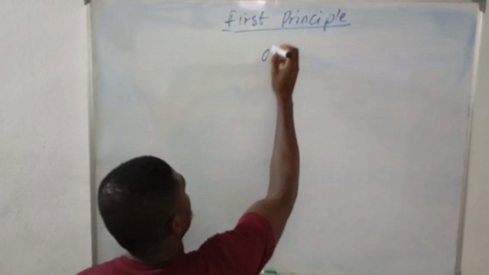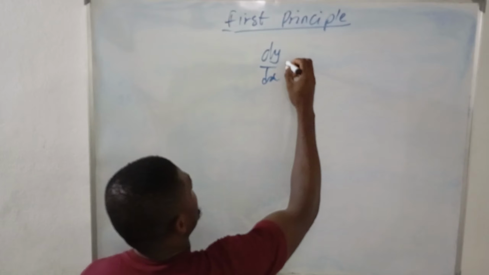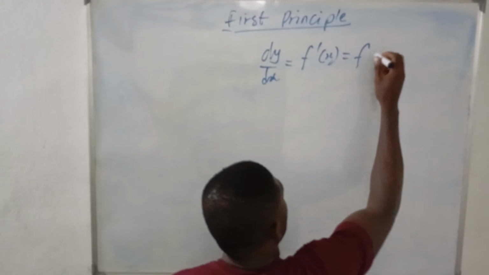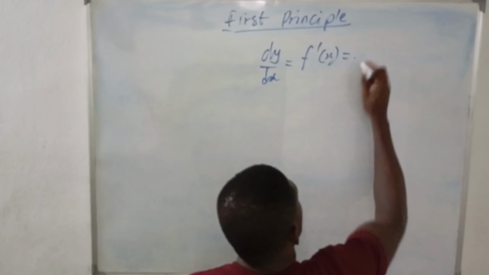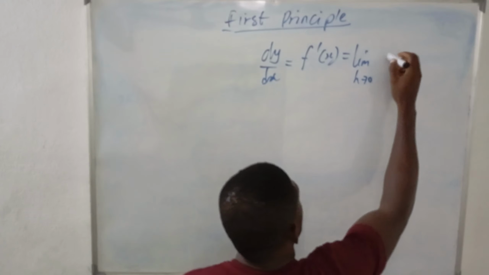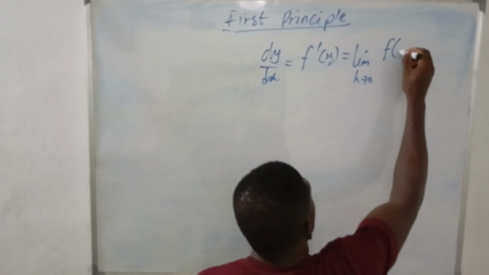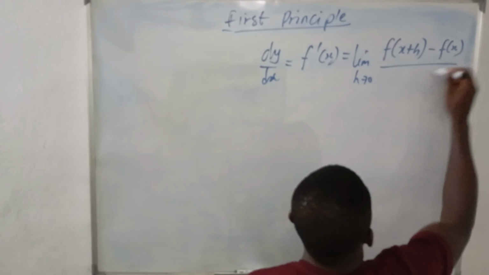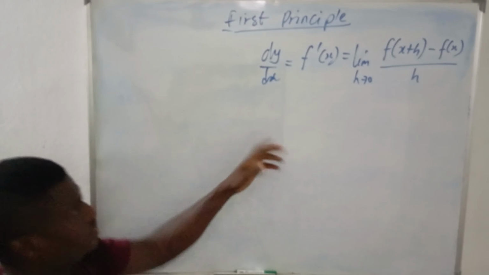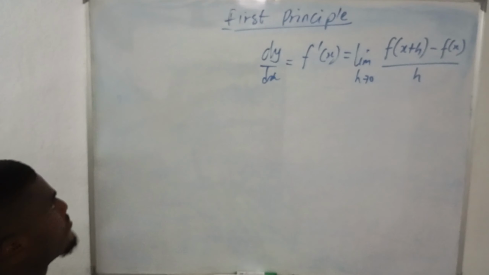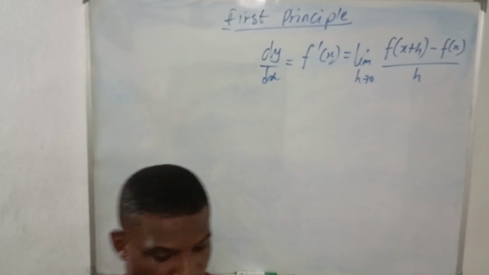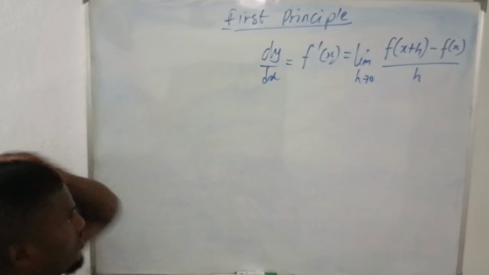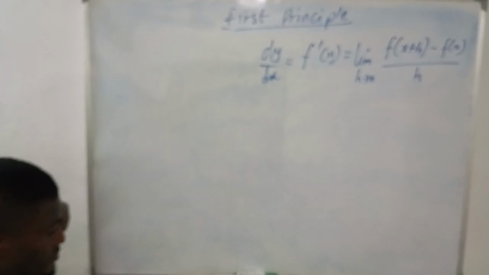For the formula, dy/dx, or you can say f prime of x, is equal to the limit as h tends to 0 of f of x plus h minus f of x, divided by h. So you can use that, or you can solve through conventionally until you arrive at your answer, which is still the same thing. It will still end at the same answer.